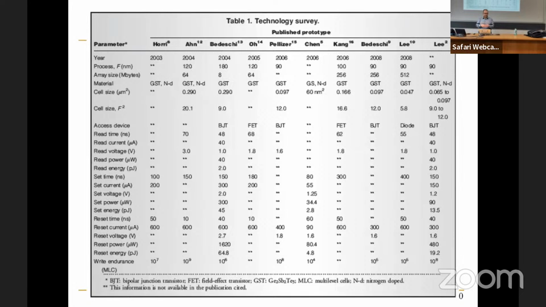So endurance is actually one of the unfortunate issues of all these emerging memory technologies. And you can see that endurance for PCM, from the survey that we had from different works, ranges from 10 to the power 4, which is quite pessimistic in my opinion, to 10 to the power 9 or so, which seems a bit optimistic.